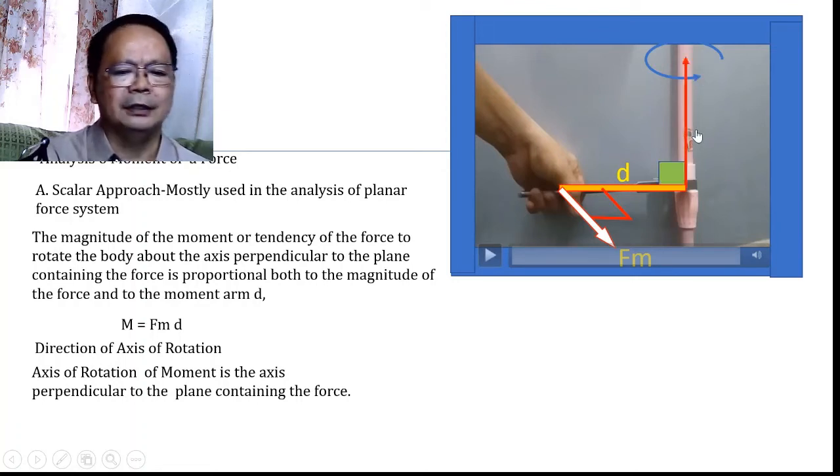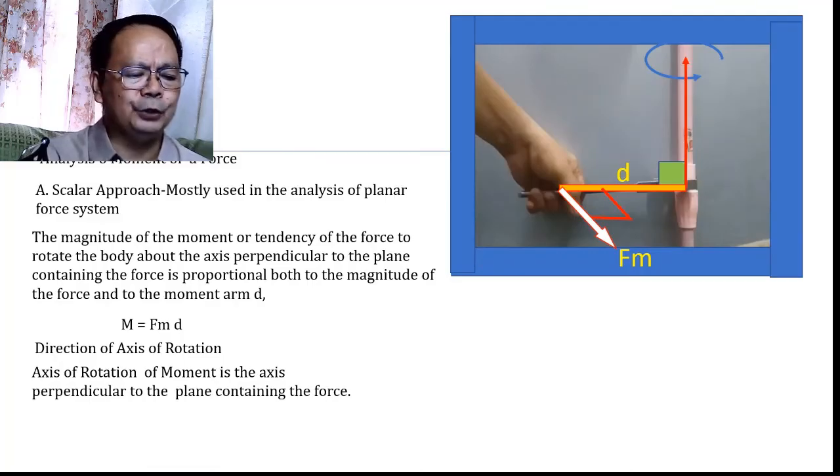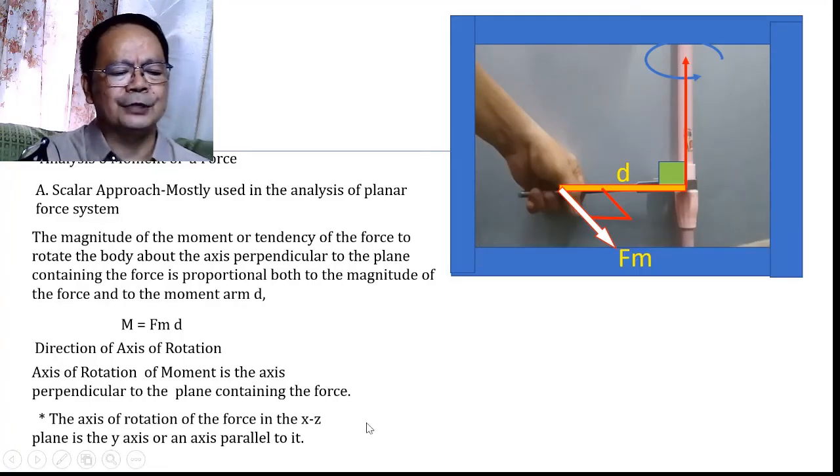So that if we do have here a force lying on the xz plane. Halimbawa, sabihin natin yung force ay nadoon sa xz plane, okay? Then the axis of rotation is the y-axis or an axis parallel to it.